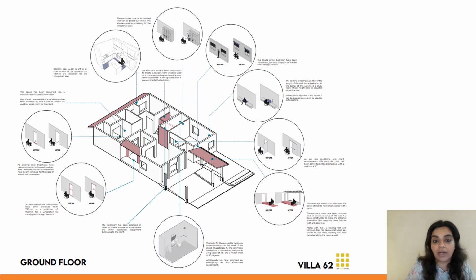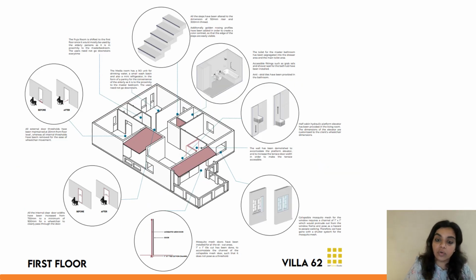This was all on the ground floor, which was looked into and dealt with in great detail, and by complying to the accessible standards as well. And on the first floor, on similar lines, these things were again further detailed out as well.